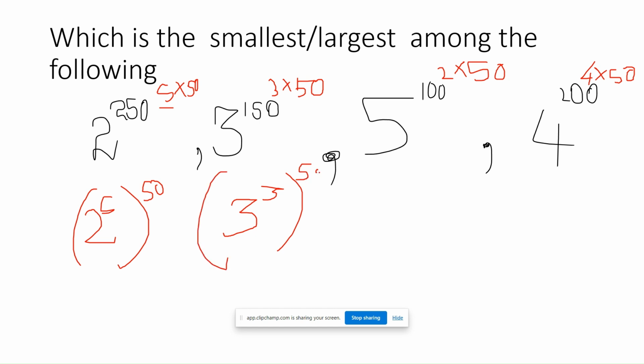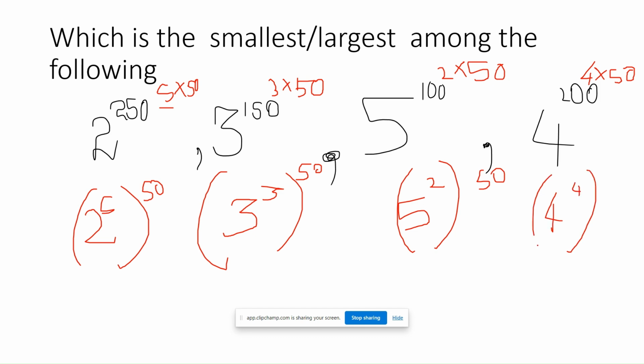Understood, friends? 5 as 5 to the power of 2, to the power of 50. You are taking 50 common here. 4 as 4 to the power of 4, to the power of 50. I have written these numbers, this 5, this 3, 2 and this 4 here, and 50 is common for all.